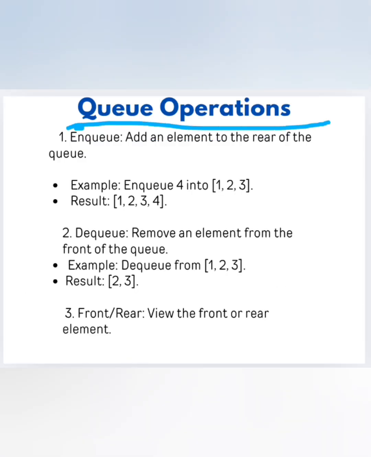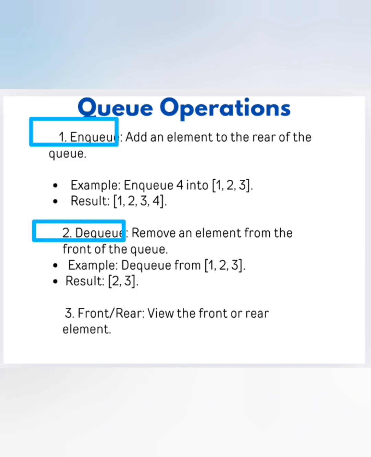Queue operations. For a queue there are also different types of operations. The first is the enqueue operation, next is the dequeue operation, and then front and rear. The enqueue operation is used to add an element to the rear of the queue. If we want to add a new element in a queue, enqueue is used.